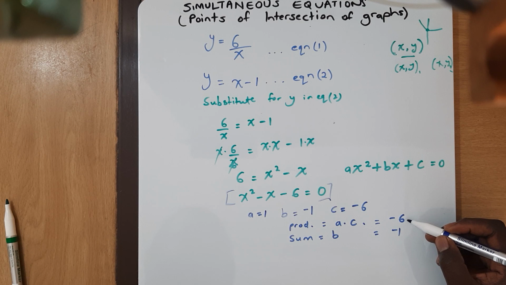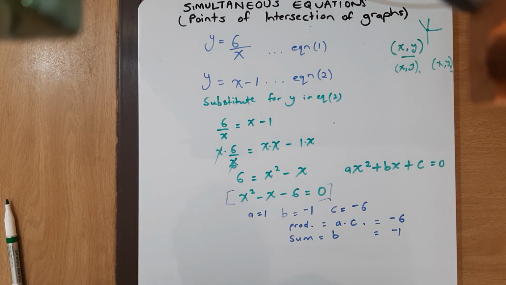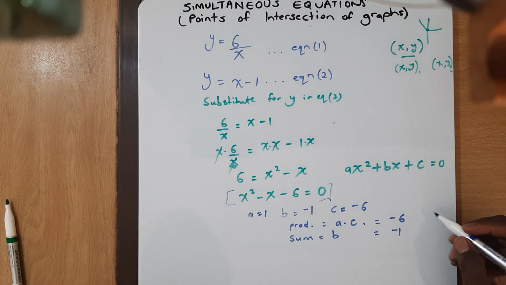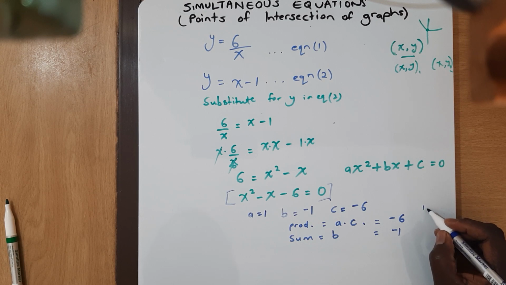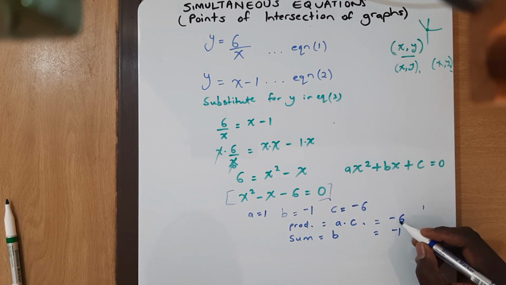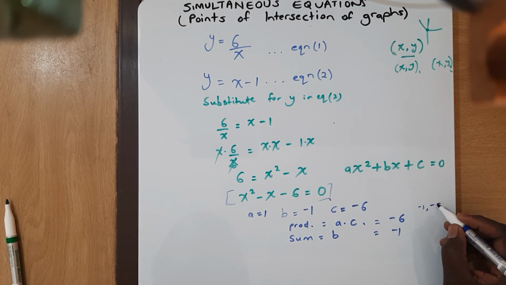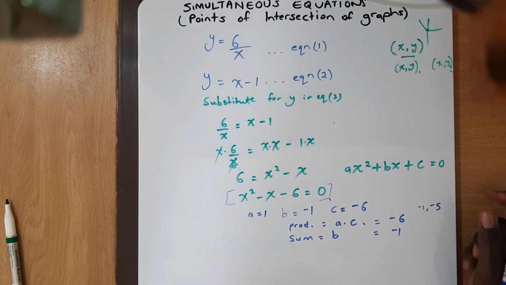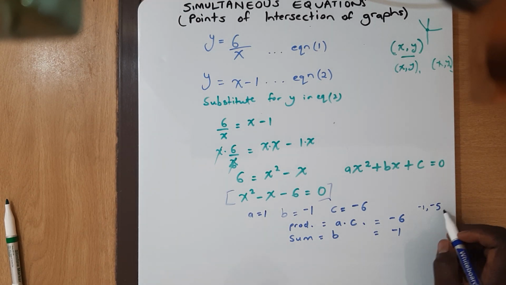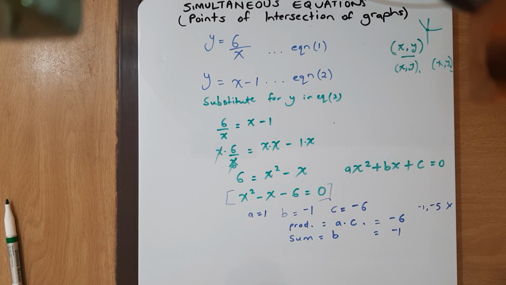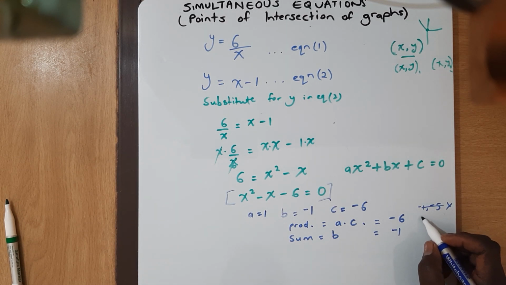When we multiply them, we get minus 6. When we add them, we get minus 1. Can we think of two values? Let's start with 1 and 5. Since they are minuses, let's start with -1 and -5. When we add them, we get -6. But when we multiply them, we don't get -1. So that's not it. Then let's try -2 and -4.